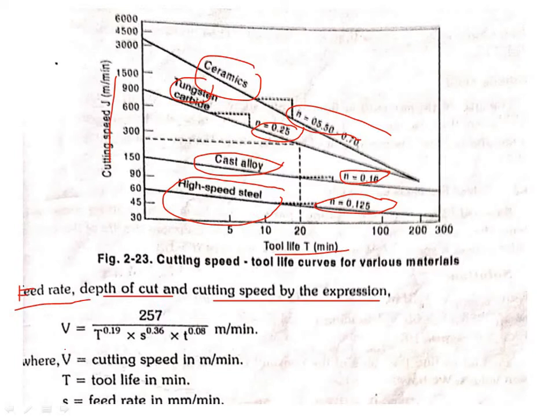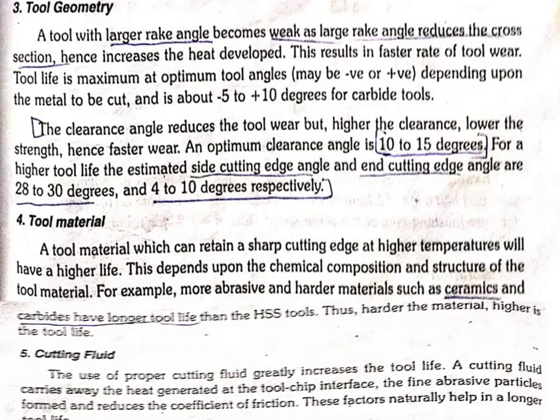So here V = 257 / (T^0.19 × S^0.36 × t^0.08) meters per minute, where V is the cutting speed in meters per minute, T is the tool life in minutes, and S is the feed rate in mm per minute.